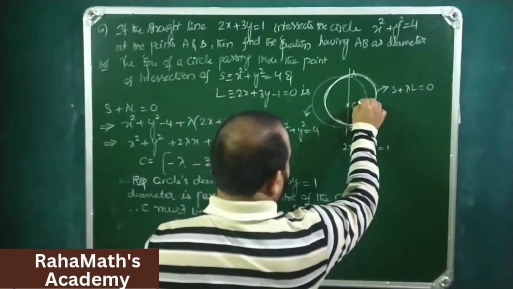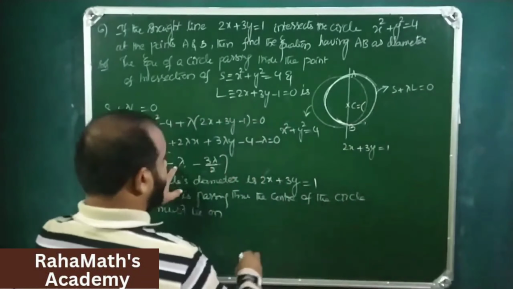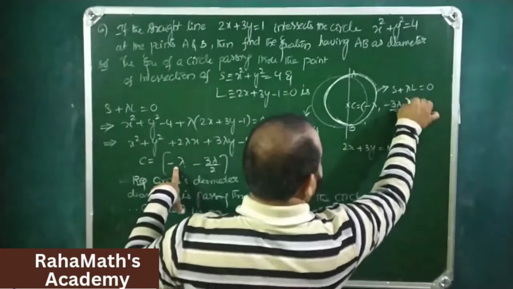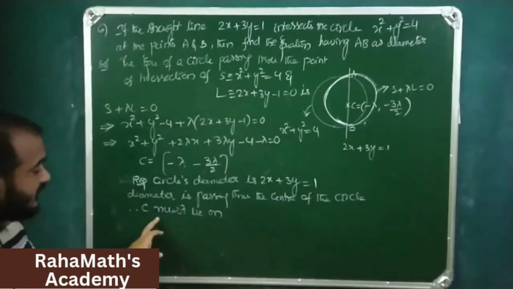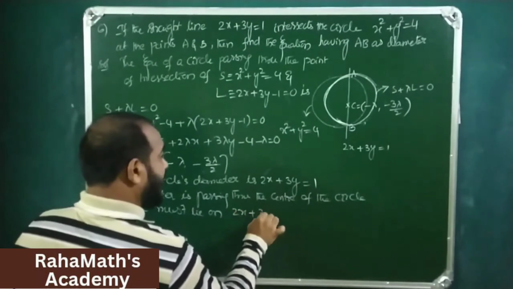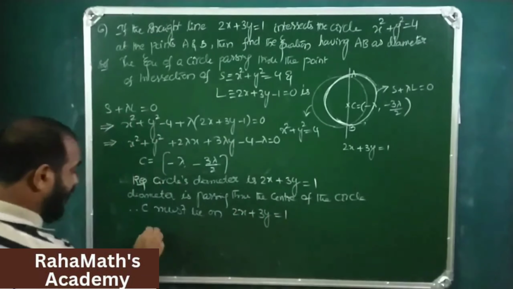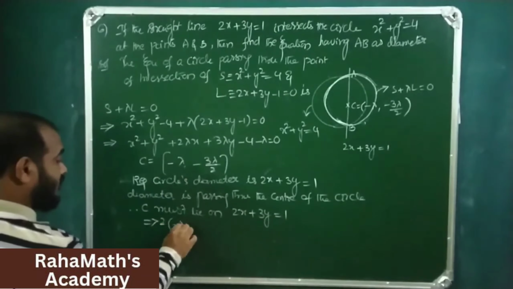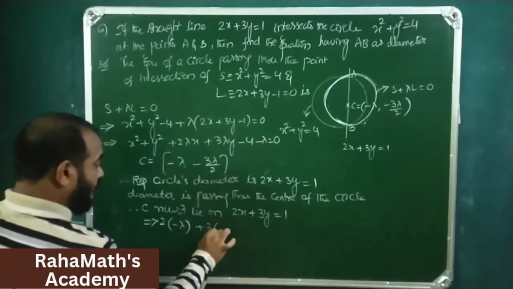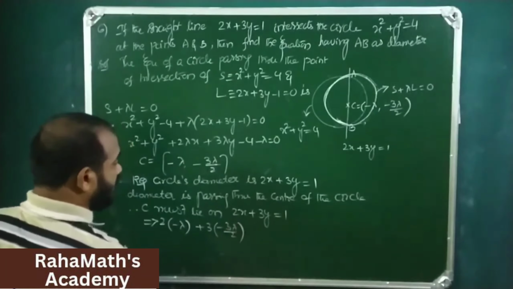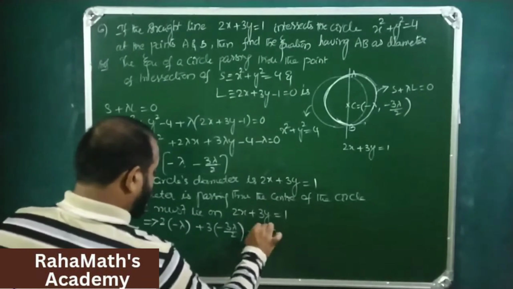The center C is equal to minus lambda, minus 3 lambda by 2. C must lie on this line 2x plus 3y equals 1, which implies 2 into x, which is minus lambda, plus 3 into y, which is minus 3 lambda by 2, minus 1 equals 0.